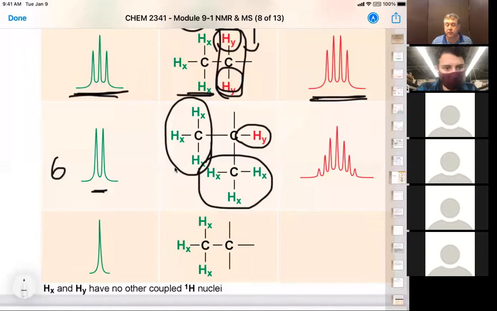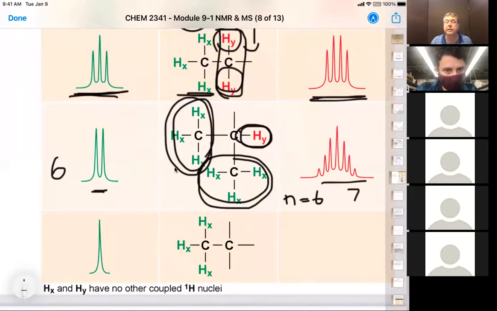Okay. So our N on this side is now 6, because we have 6 of these hydrogens splitting this 1 peak, giving us rise to a 7, a heptet. So we look here, 1, 2, 3, 4, 5, 6, 7. Yeah, we have 7 peaks there.